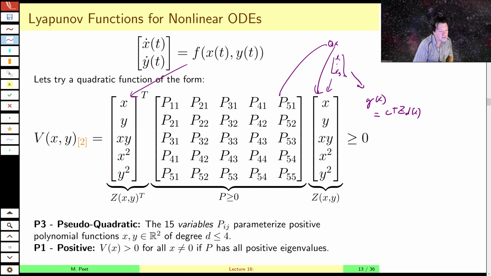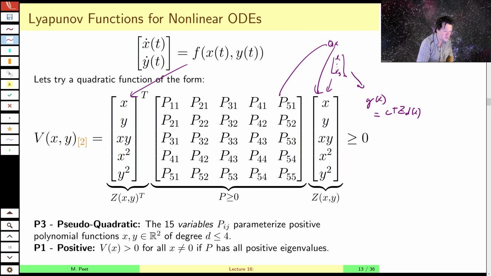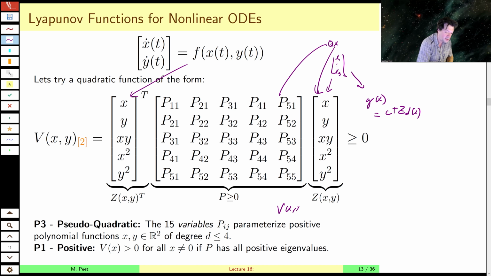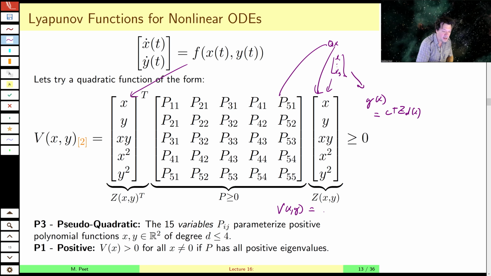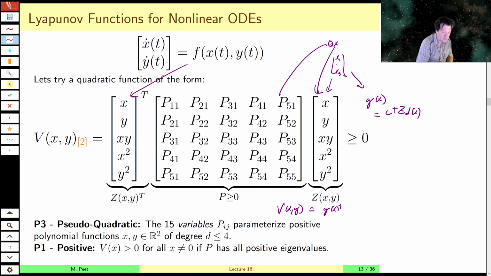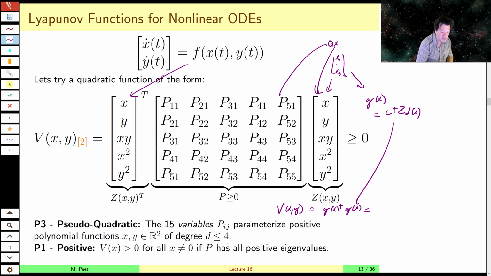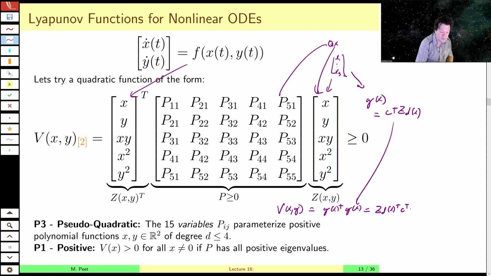And so it makes sense to think of our Lyapunov function in the nonlinear case, V of x, and here we have two variables, x comma y, as g of x transpose g of x, and bring that representation down: Zd of x transpose C, C transpose Zd of x.